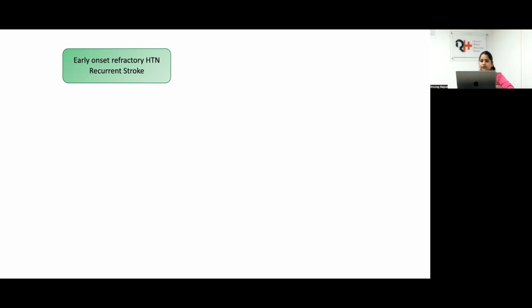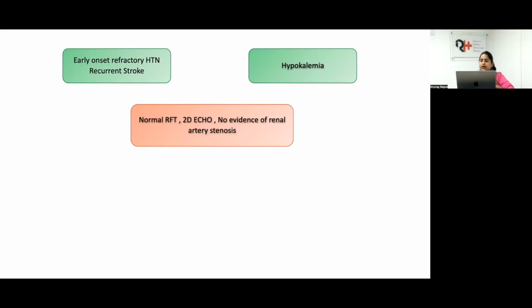He has a history of recurrent stroke. He has hypokalemia, which accentuated on taking diuretics, normal renal function tests, normal 2D echo, and no evidence of renal artery stenosis.